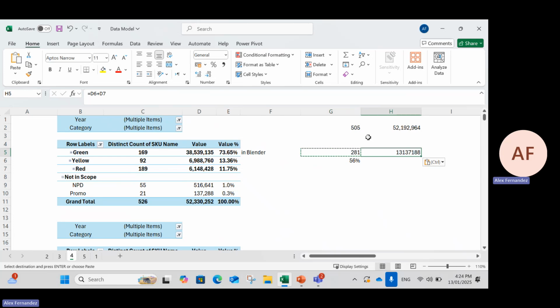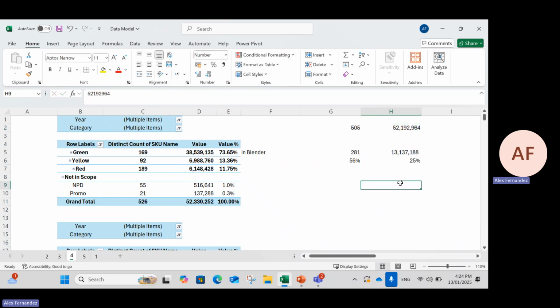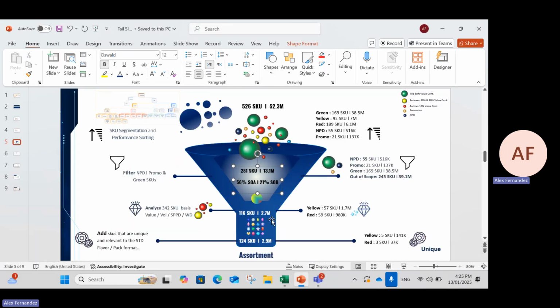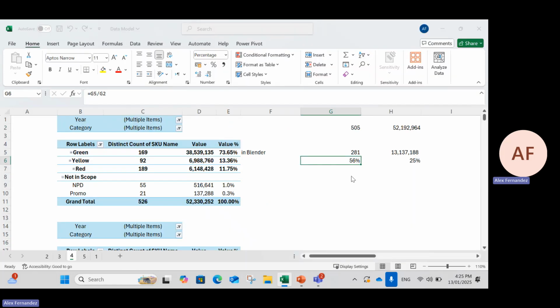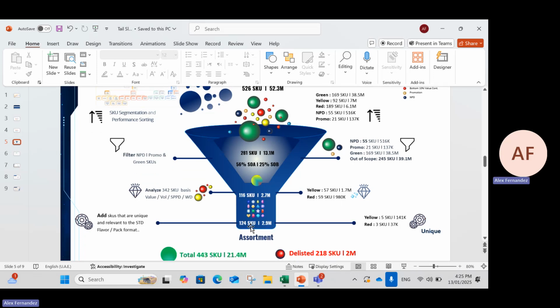And then this one should be 13.1, which is 13 divided by 52. Here we only remove the promo values. So 56% share of assortment, so here we put 56, and 25% share of business. So this is correct.